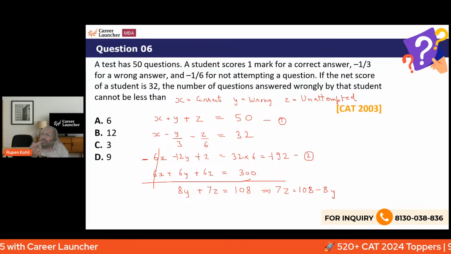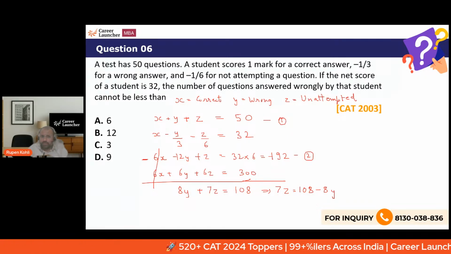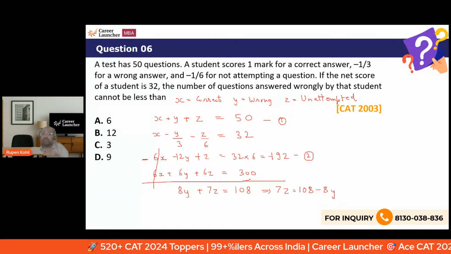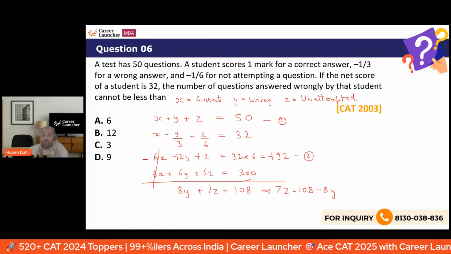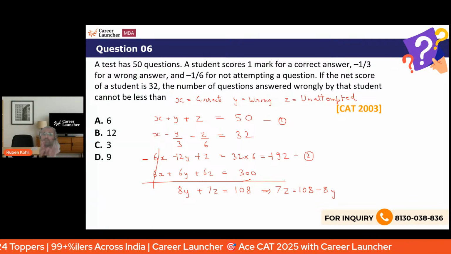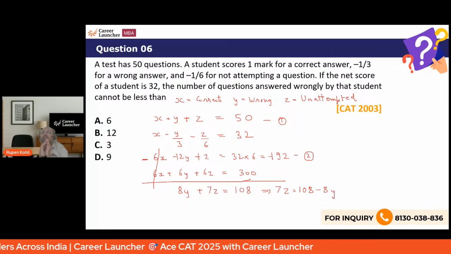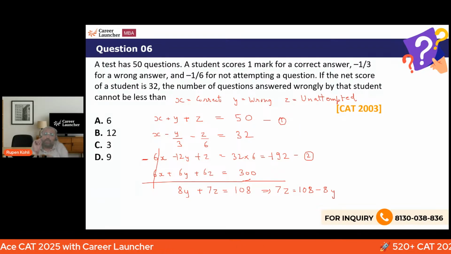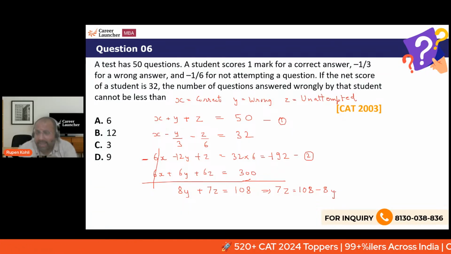This 32 is an exact score that you have to get. That's the whole point. So to get an exact score of 32, by analyzing the metrics of the problem, the number of marks associated with each of the three types of responses, getting 0 wrong questions cannot lead to an exact score of 32, right? So y can't be 0.